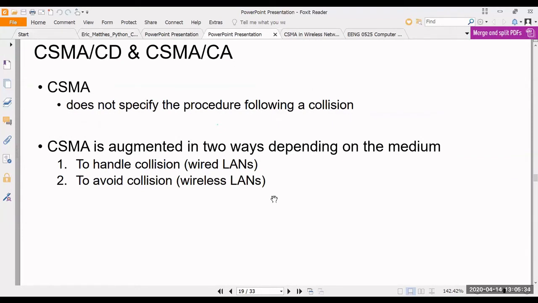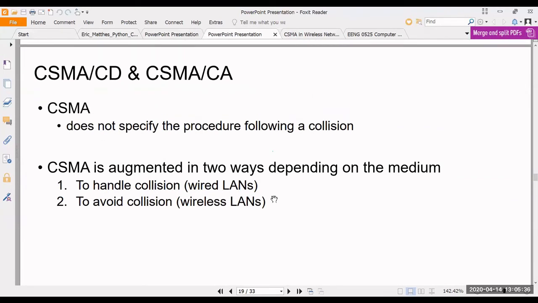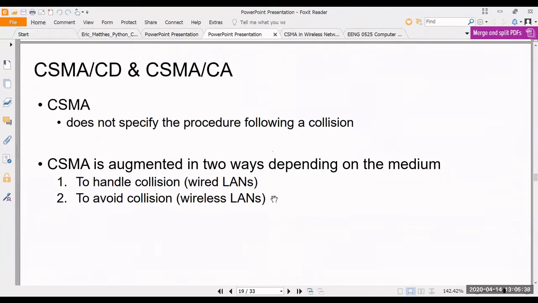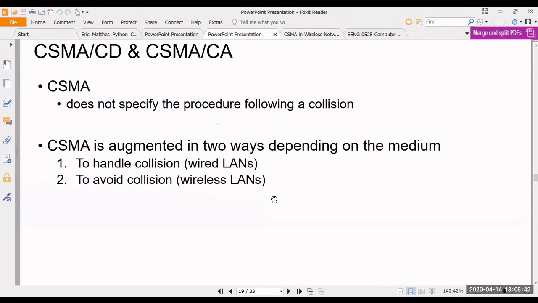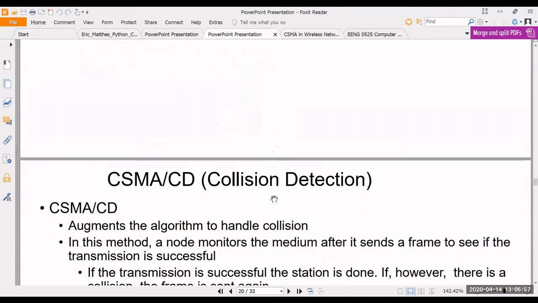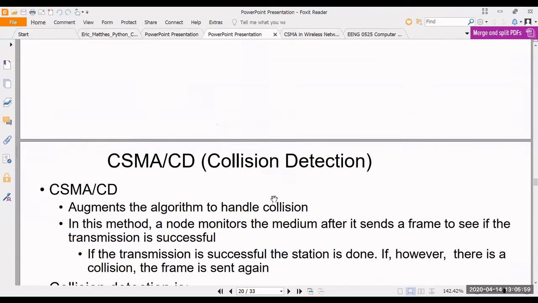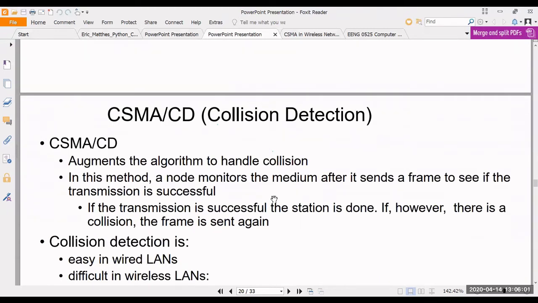We are starting the CSMA. So we mentioned some sensing methods, but we never mentioned how to fix the collision issues, right? When there's a crash, something like that, we have a collision. So CSMA has an augmented form that helps us handle the collision issues.